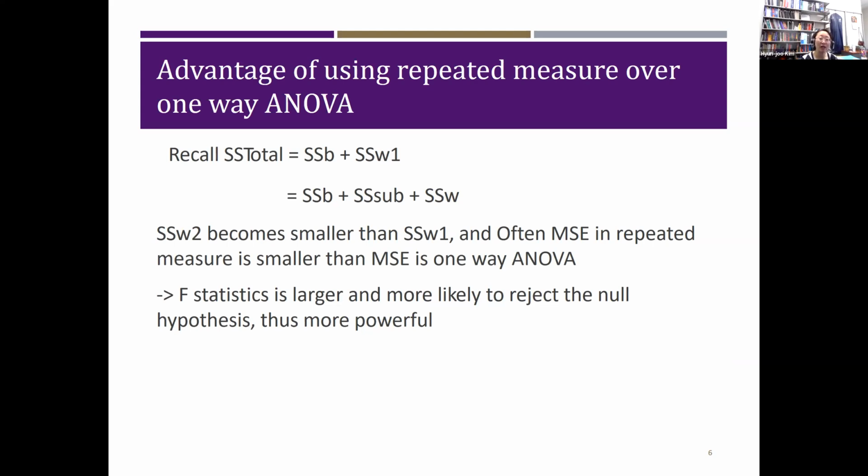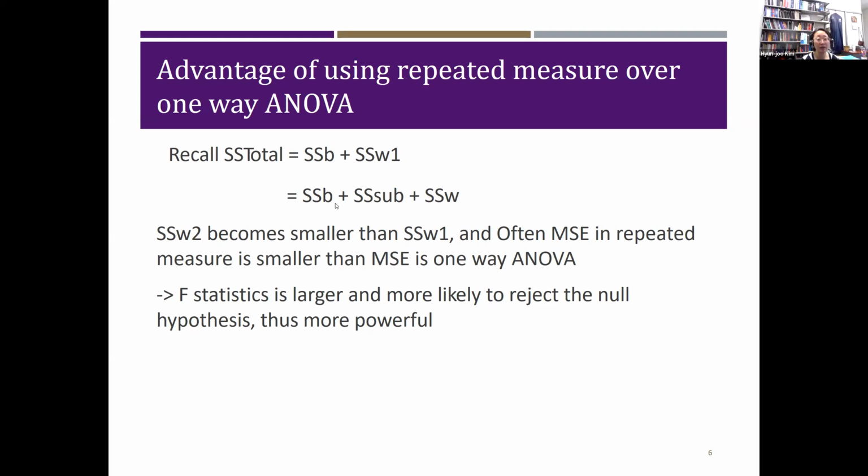Note that recall the error, SSW1, the error in a one-way ANOVA. As you can see right here, SSW1 in one-way ANOVA becomes SS sub plus SSW, because SSB is exactly the same here.